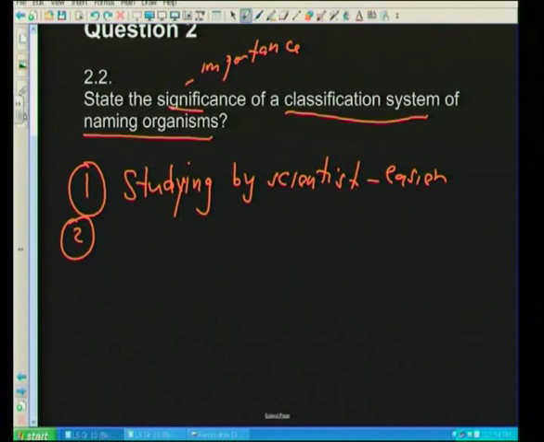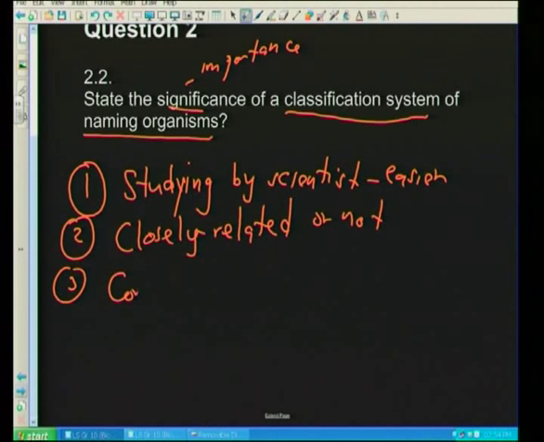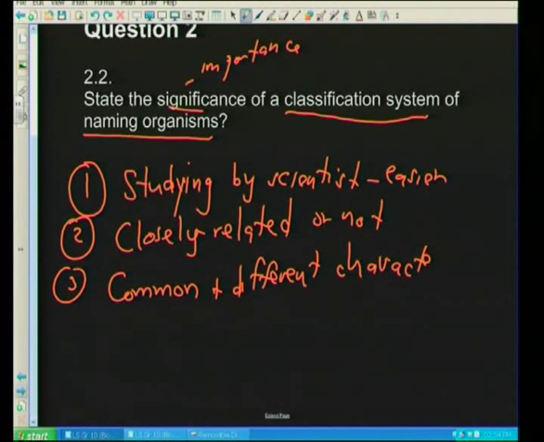Number 2, we can actually check closely related species. So by looking at the scientific names, we are able to see whether species are closely related or not. And then we are able to see some of the common and the different characteristic features of individual species.